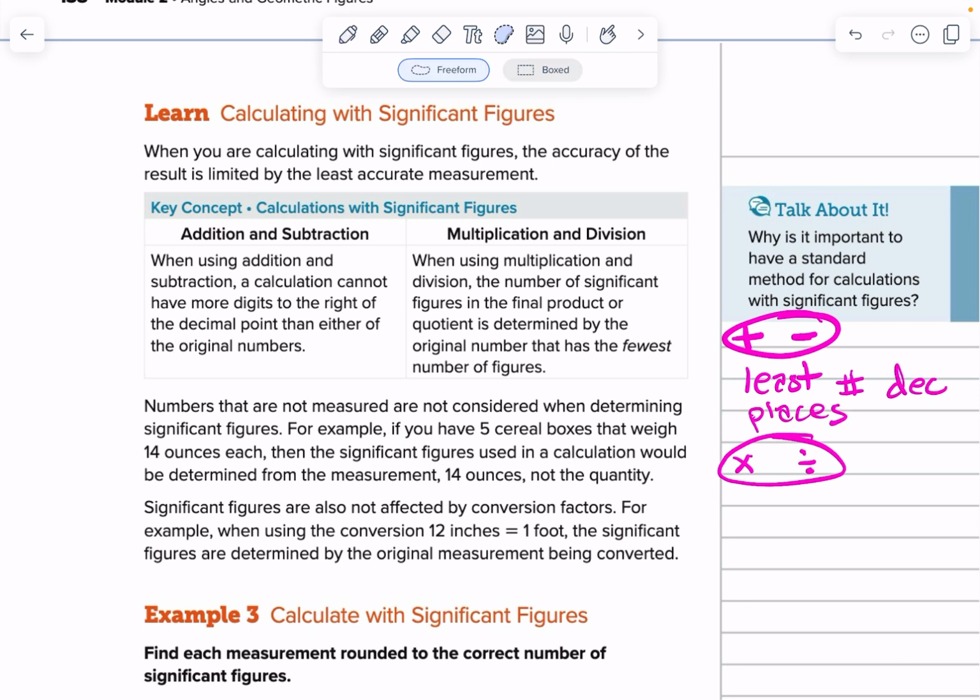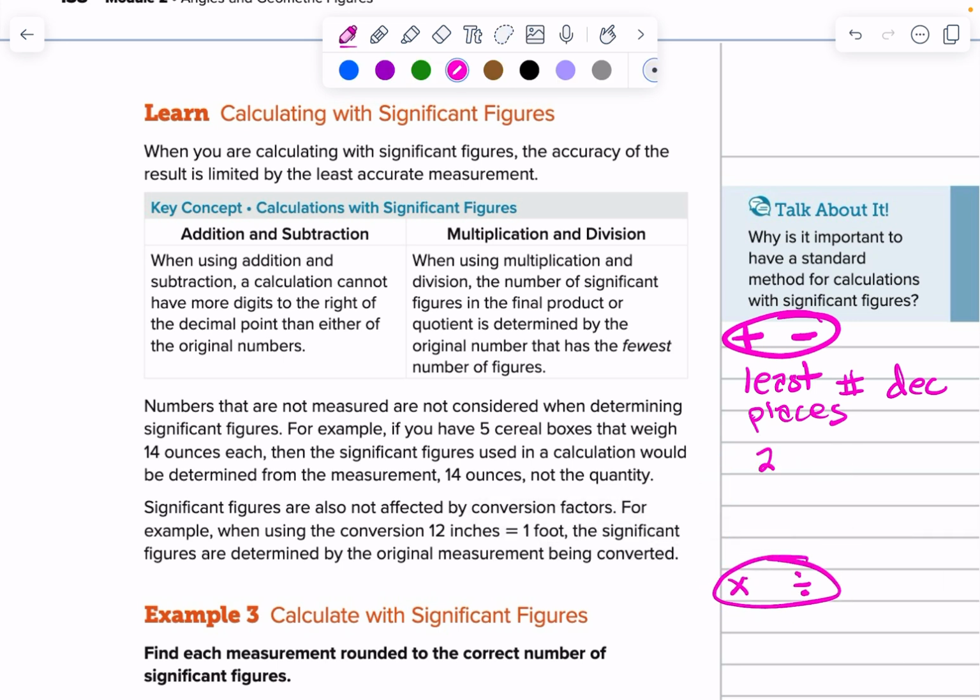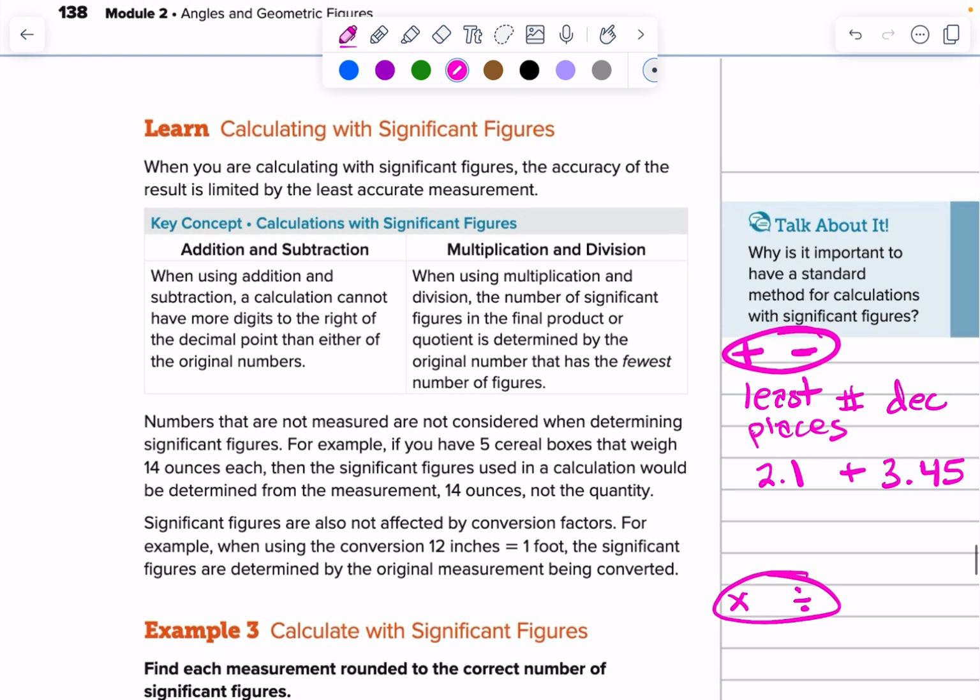For example, if I have 2.1 plus 3.45, let's say, if I add those two together, that would be 5.55. But since this one only has one decimal place, even though this one has two, I can take only one decimal place. So instead of this being 5.55, that would actually be 5.6. I have to round to one because that 5 is going to round it up, right? I can only carry one decimal place, so that's how that works, all right?